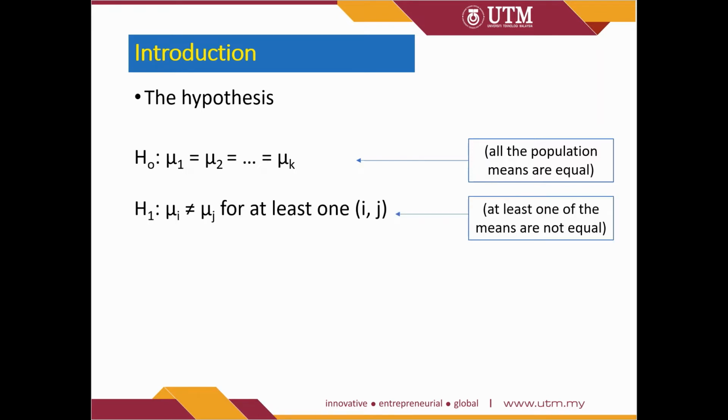The alternative hypothesis is written as mean i not equal to mean j for at least one pair ij, which means that at least one of the means is not equal. These are the hypotheses that we need to write once we want to solve the problem.